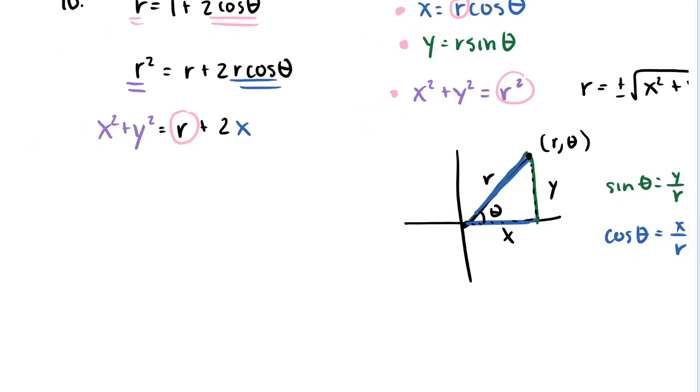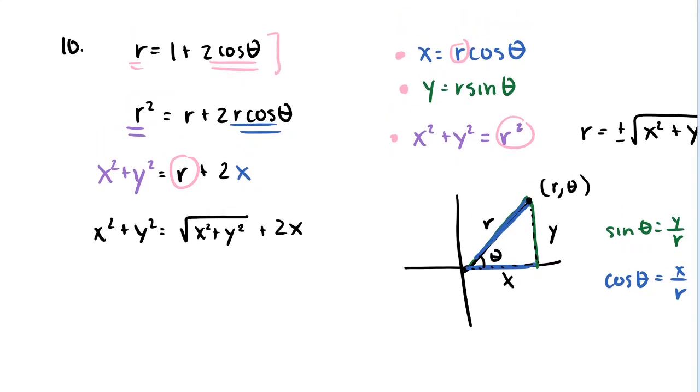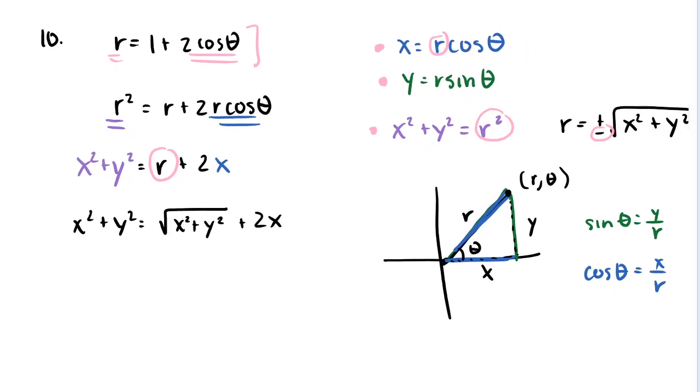And so here, I'm just going to rewrite this as x squared plus y squared is equal to the square root of x squared plus y squared plus 2x. So that's one form of an equation that's almost equivalent to this original polar equation. It's sort of one piece of it, and we would get the other piece if we also included the equation where we made the replacement r is equal to minus square root of x squared plus y squared. Okay, so that's one conversion we can do.